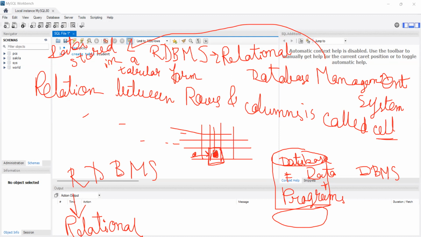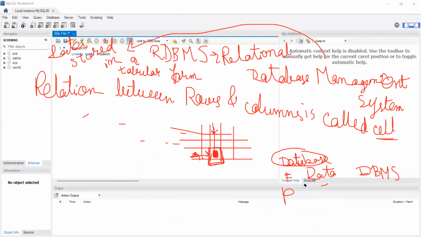So this single cell, this column, this row are the key components of a relational database management system, and these things are called schema. Okay. So our next point is: what is a schema?